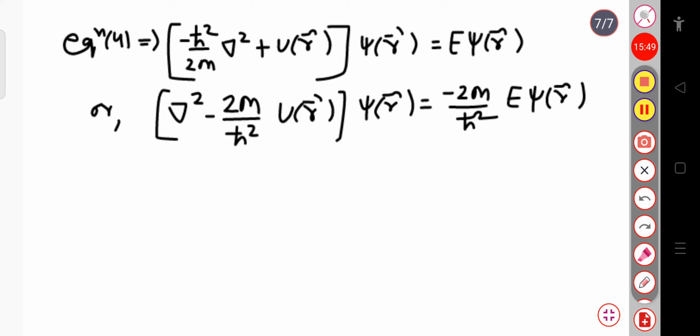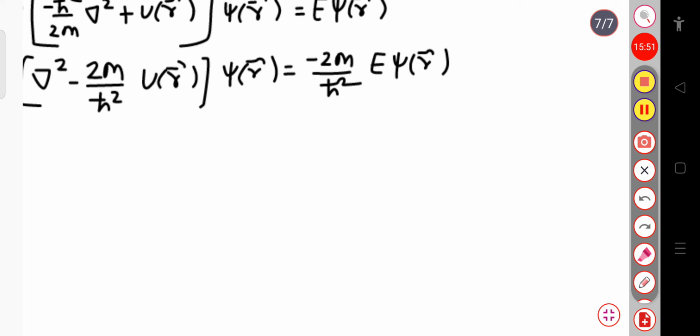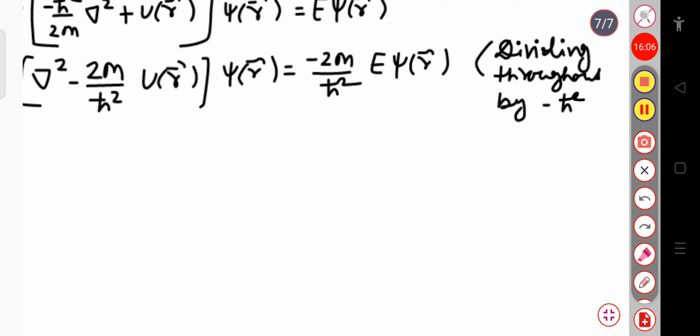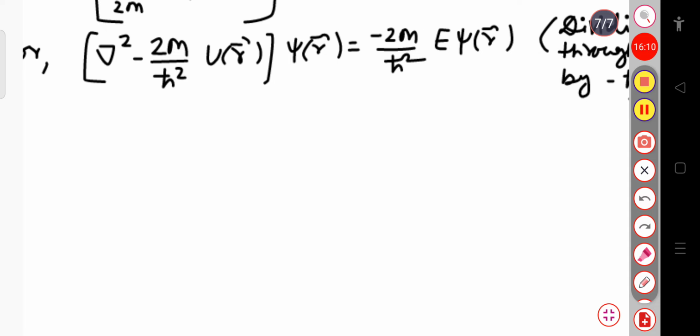Okay, so here we divide throughout by minus ħ²/2m. Now this is our final expression.